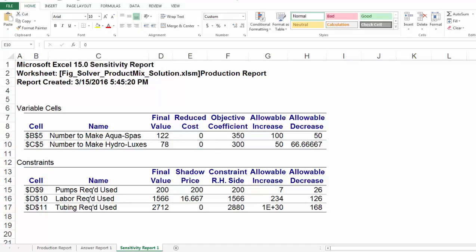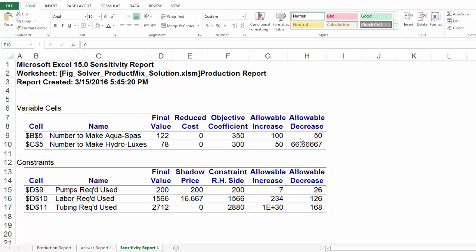One of the what-if questions we asked earlier is, what if the unit profit of Aquaspar is $325 instead of $350? How are we going to answer a question like that? We can do that using the information from the sensitivity report. First of all, the new unit profit of Aquaspar is $325. That is a decrease of $25 from the original unit profit of $350.